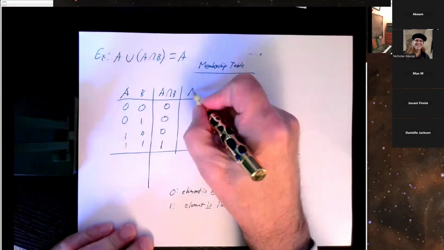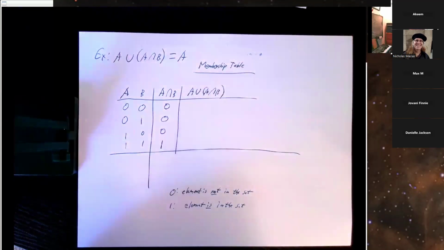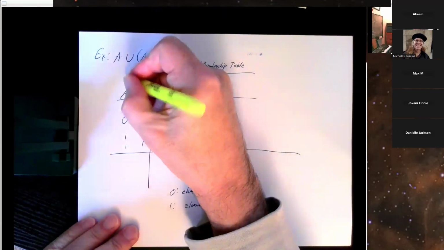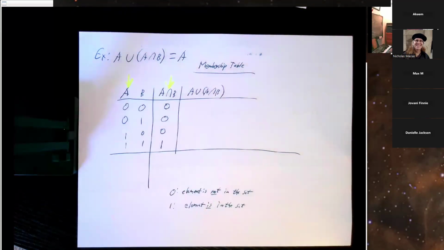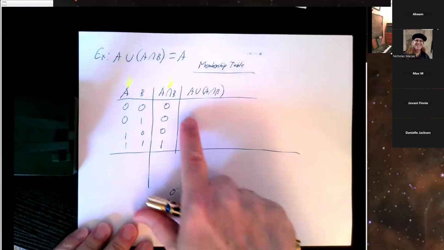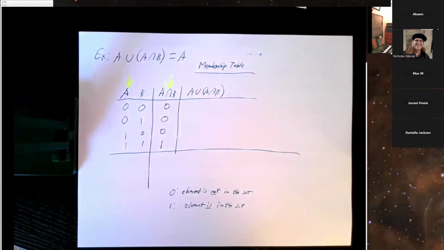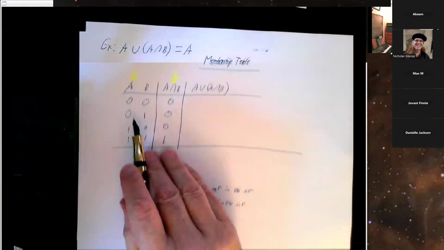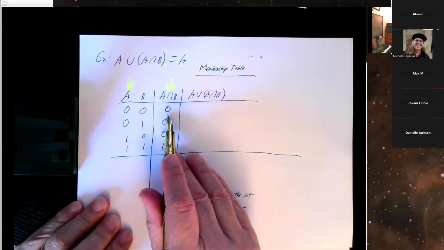And now I can make one more column for A union A intersect B. So now I'm looking at this column and this column. For something to be in the union of two things, it has to be in either the first thing or the second thing. Well, in my first case, I picked something that was not in A, and it was not in B. I found out it was not in the intersection.